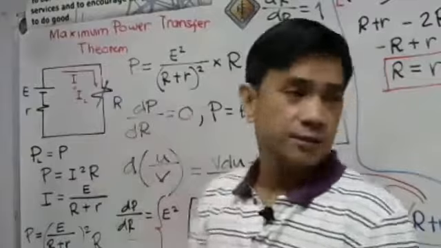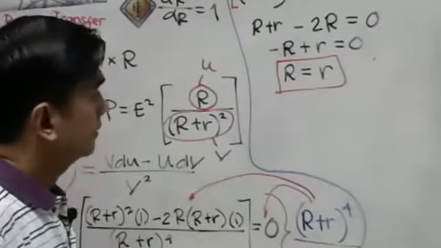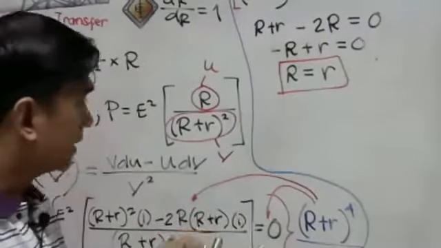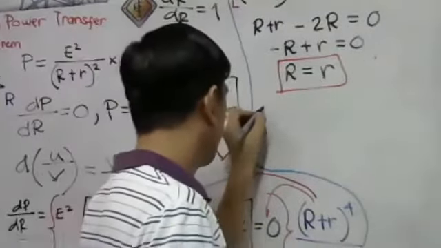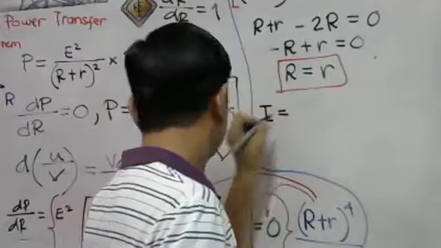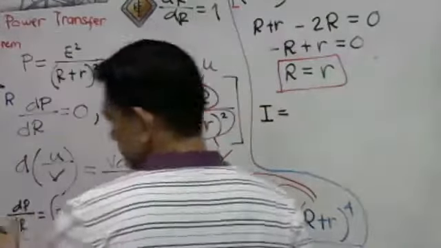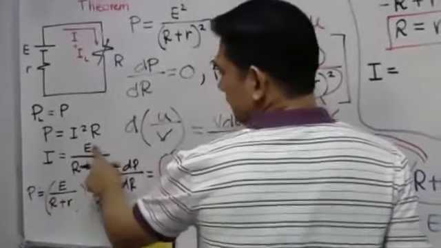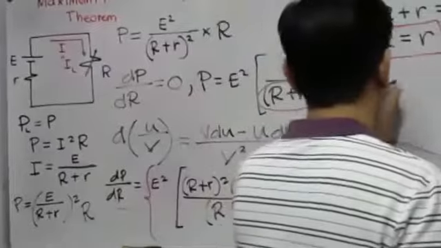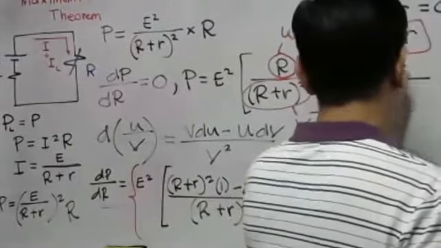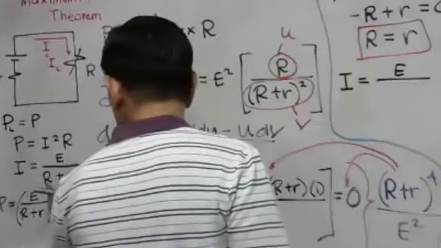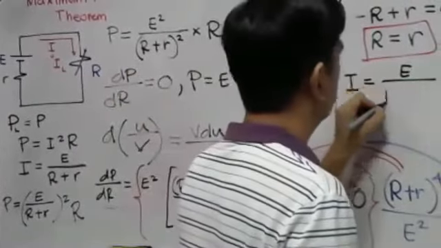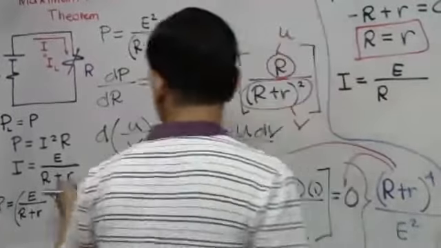Okay? So let us continue now. Let us find our I at maximum power transfer. What is our I? So in our equation here, for our I, we have big E, let's put the internal EMF of the battery, over big R plus the small r.